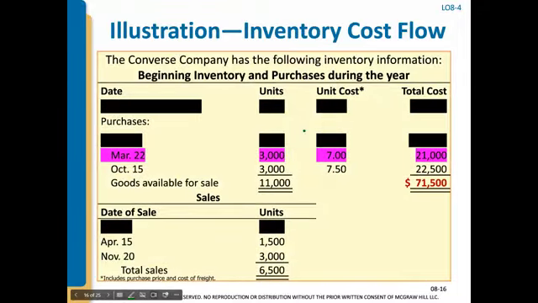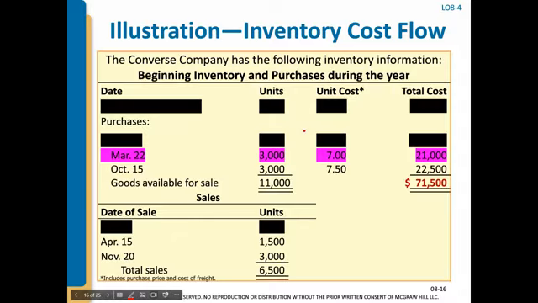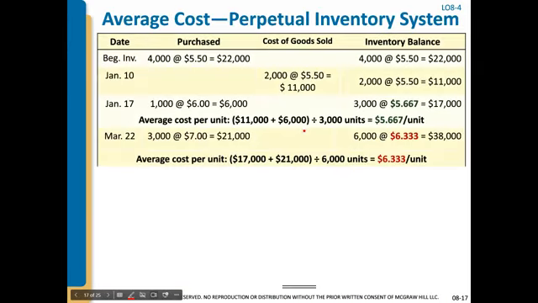Okay, so after that is March 22nd, and we acquired, let's change this back to red, 3,000 units at $7. So let's put that into our calculation. On March 22nd, 3,000 units at $7 is $21,000.